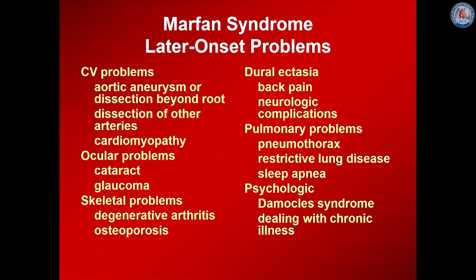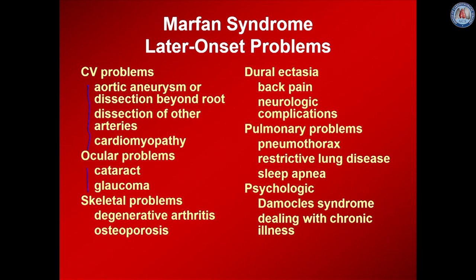So here is a list of the later onset problems that have been identified in Marfan syndrome. We have an understanding of the pathogenesis of the cardiovascular features. The ocular features are still inscrutable. Certainly, the ectopia lentis is likely due to weakening of the connective tissue involved in the zonules that hold the lens in place.